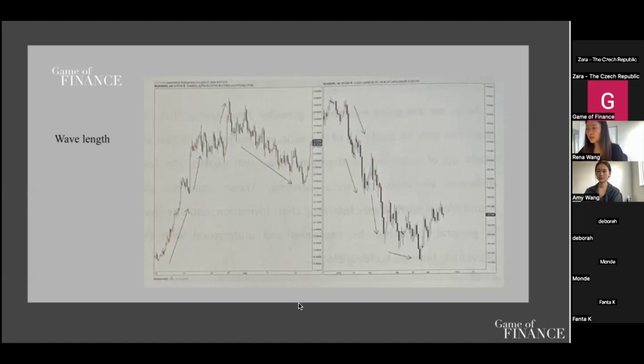Clear all drawings. All right, so on the left, the long trend waves confirm the high trend strength. The trend comes to a standstill as soon as the wavelength is shortened. So this is a long, medium, short change.